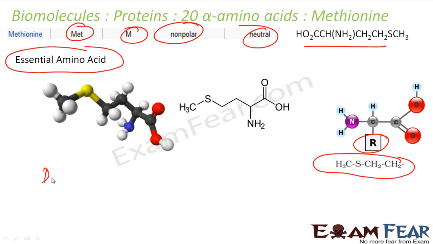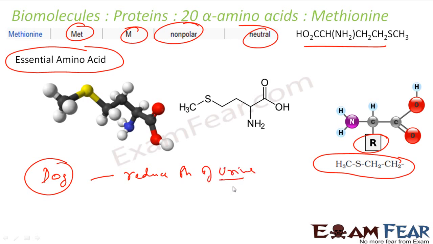Sometimes this is given as a supplement to dogs. Why? Because this helps to reduce the pH of urine. So if a dog urinates on the grass, it won't damage it. To prevent the damage of grass, this is given as a supplement to dogs, to save the grass actually. Right?